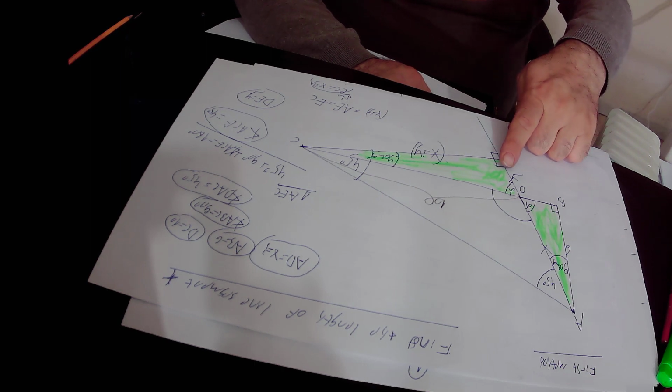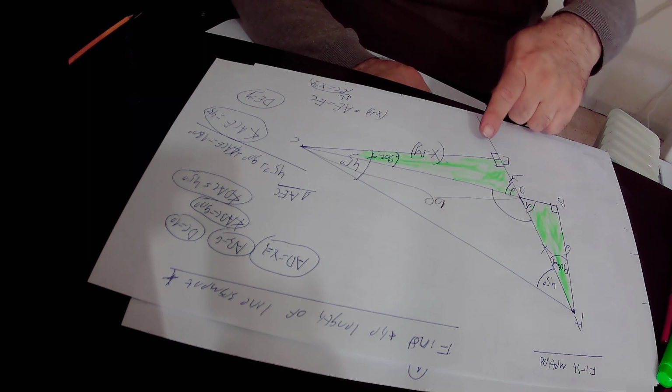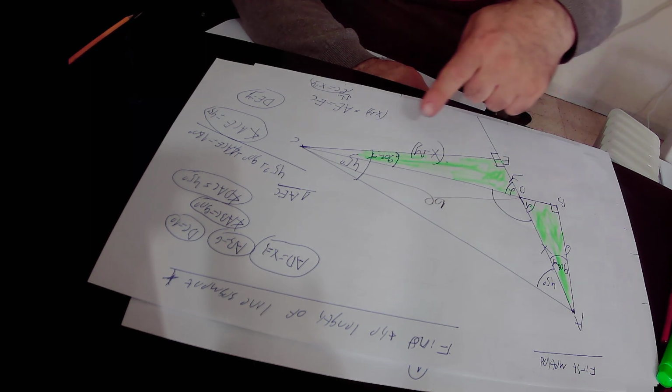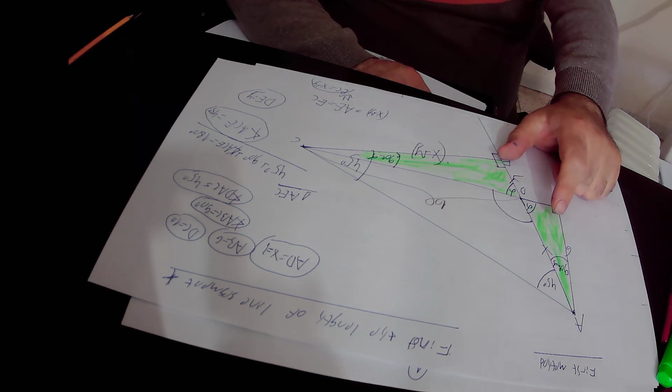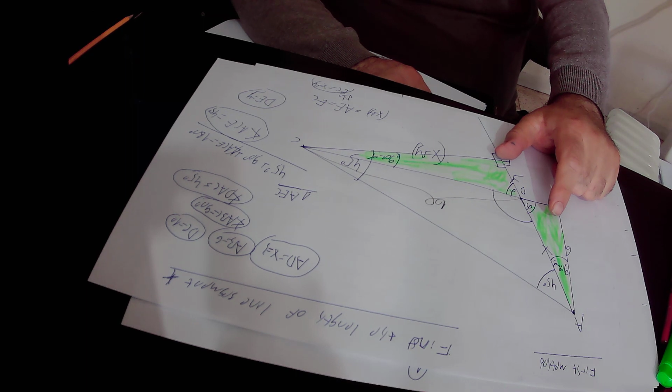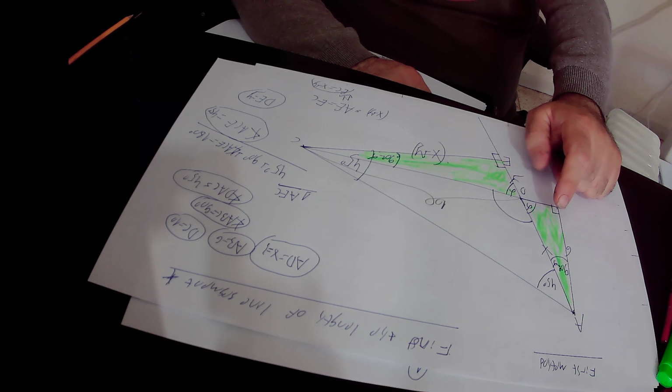In the right triangle DEC, this angle must also be 90 degrees minus alpha. So here we actually proved that those two main right triangles are similar to each other. Why?